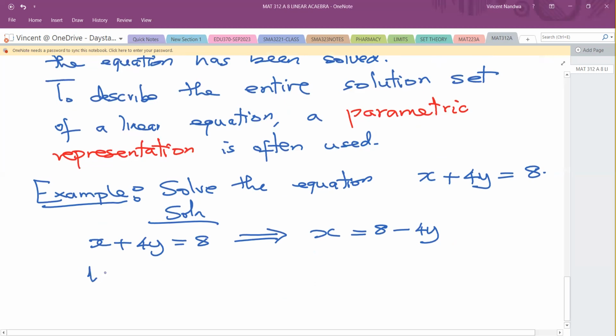So we say let y be t, where t is a real number. So we are assuming that the solution to the variable y is known to be any real number called t. So this t is what we call a parameter.